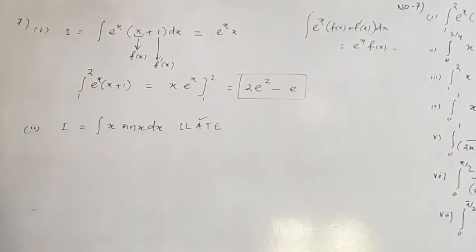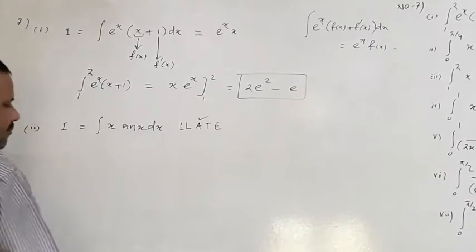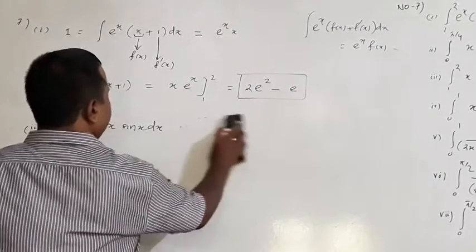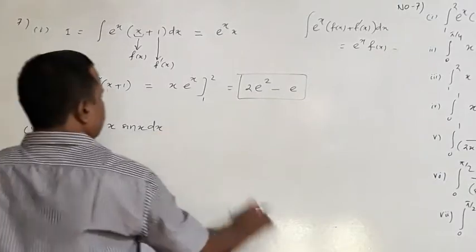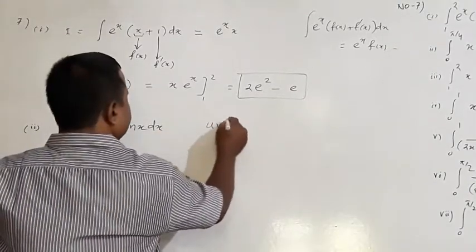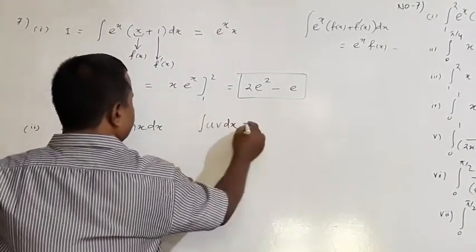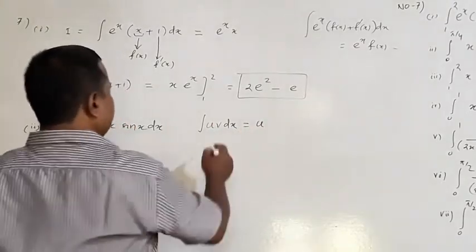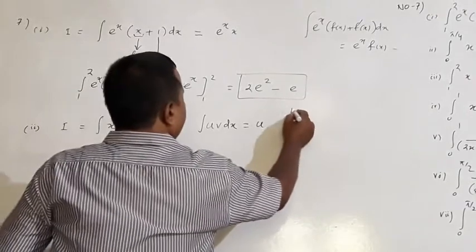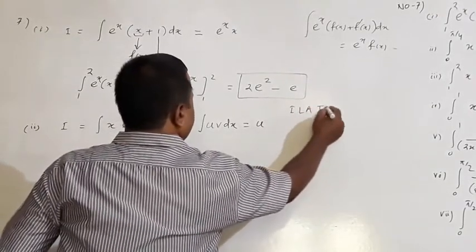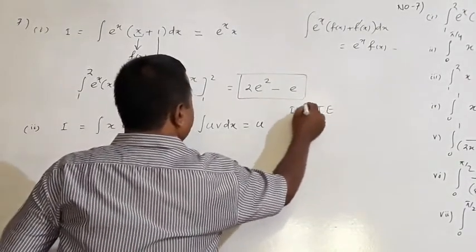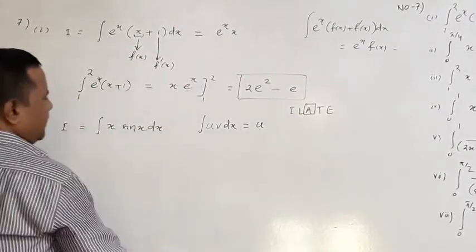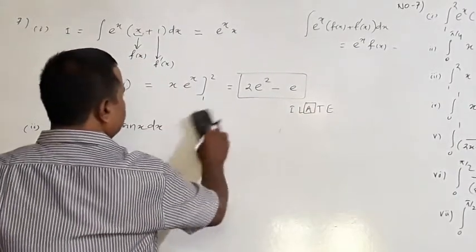But there is also another formula I have told you, how you can do it directly by u into v. What did I say directly for the integration of u into v? First, if I L A T E, one is algebra, another is trigonometry or exponential, you can do this problem directly.